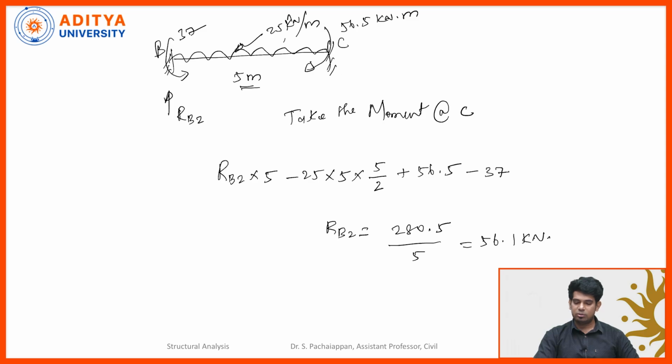RB2 force into perpendicular distance is 5, minus 25 into 5 into 5 by 2, plus 56.5 is a clockwise couple, and then the anti-clockwise couple is minus 37, equal to 0. Actually, the moment at C we are considering is also inside. So we got the RB2.